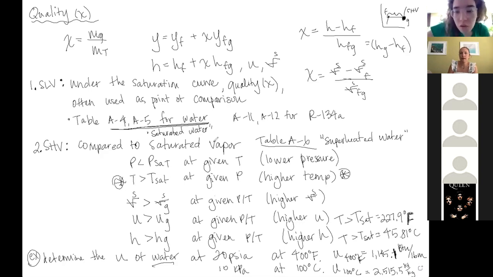Other questions? Okay. So the last one, we have saturated liquid vapor, table A4 and A5. We have superheated vapor, table A6.